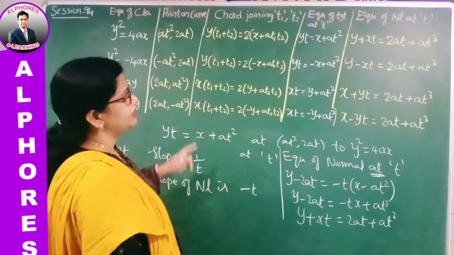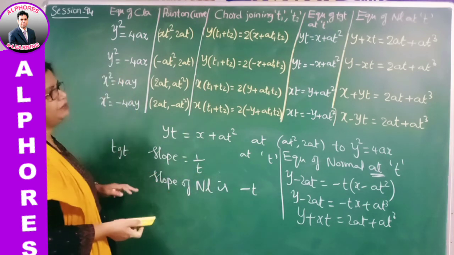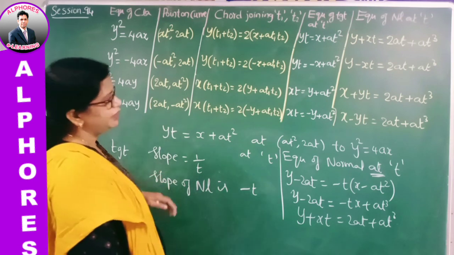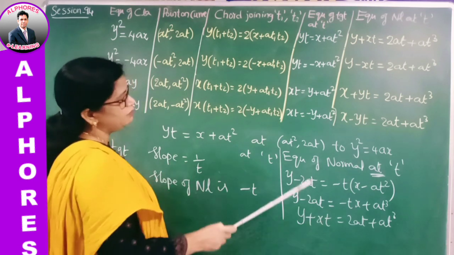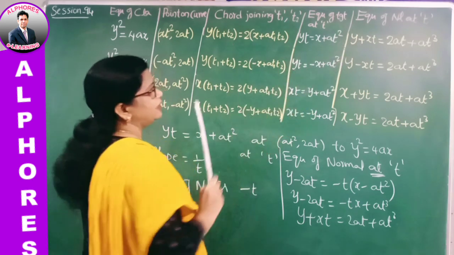So students, in this way you can easily come across this kind of formulae. So now we have found the equation of the normal at a point t to the standard form, which is this one.